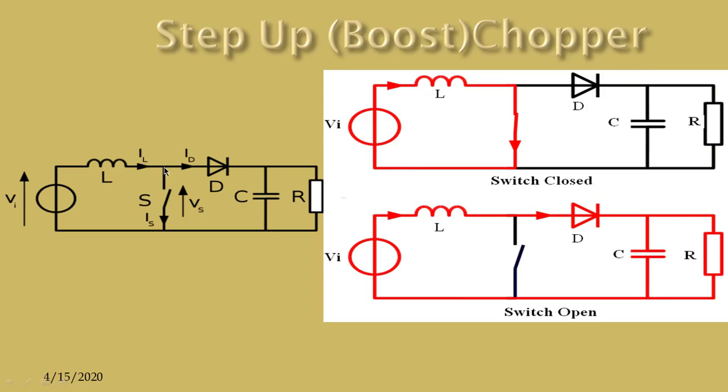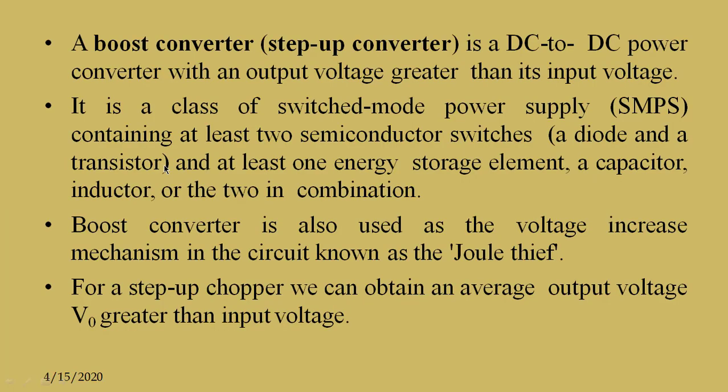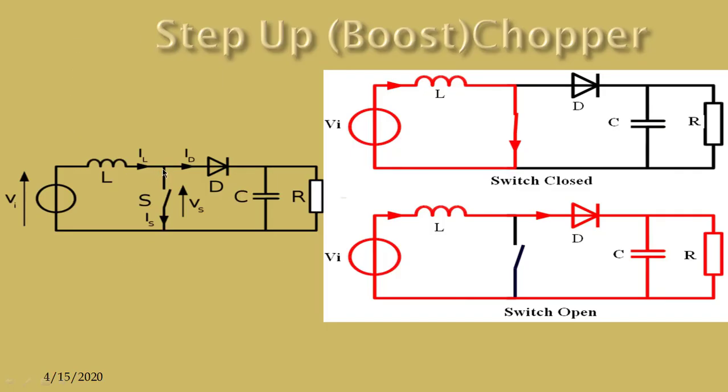Now at this point P, the voltage is Vp, the pole voltage, and this current IL; these two parameters, Vp and IL, help us to decide the rating of the components.